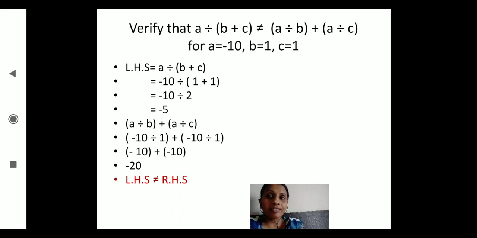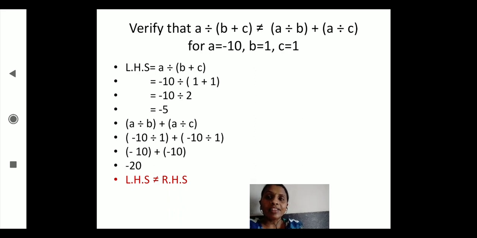Left hand side is a divided by (b plus c). We'll write -10 in the place of a, divided by (1 plus 1), because the values of b and c are the same, it is 1. So -10 divided by 2, our answer will be -5.